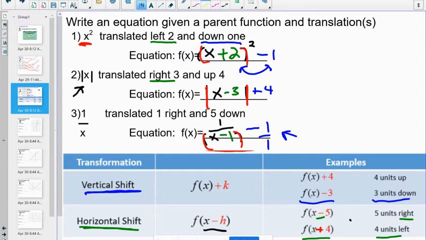But if it's a vertical shift, then it's outside of it, kind of attached at the very end or beginning. It's not part of that parent function. See how the minus 3 for the horizontal shift is within the absolute value sign? That's because it's within that parent function, if that makes any sense.